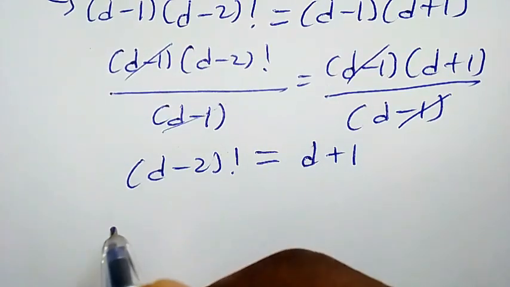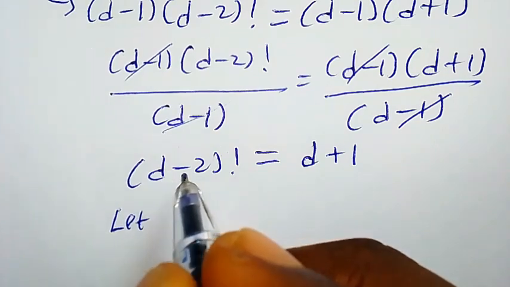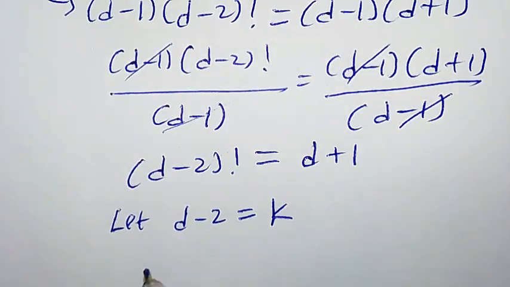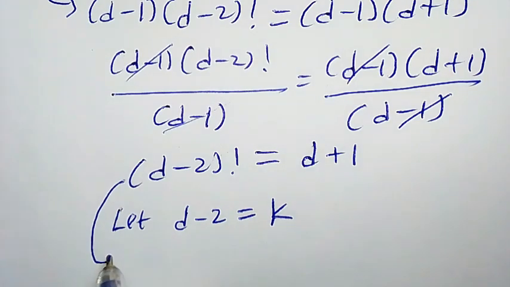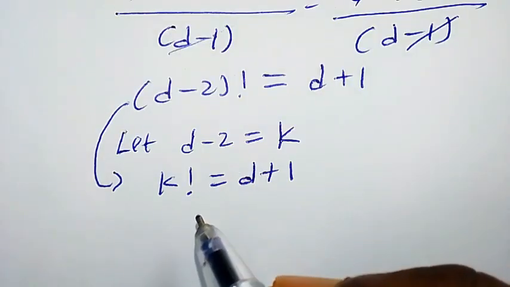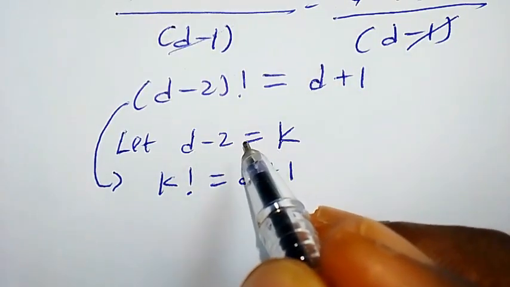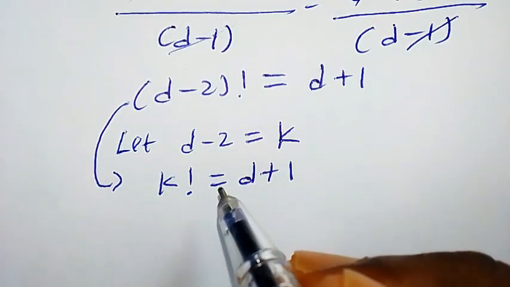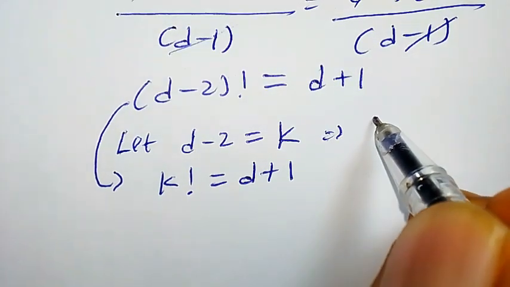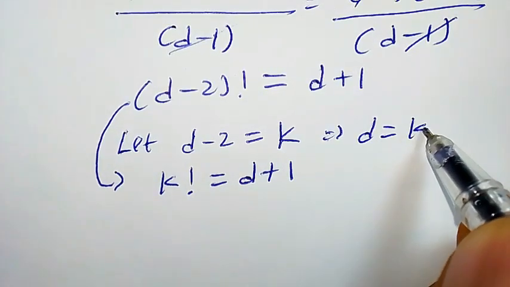Now, let's suppose d minus 2 is equal to k. So from here, we have k factorial equal to d plus 1. Also, from this assumption, d minus 2 equals k. If we make d the subject of the formula, we have d equals k plus 2.